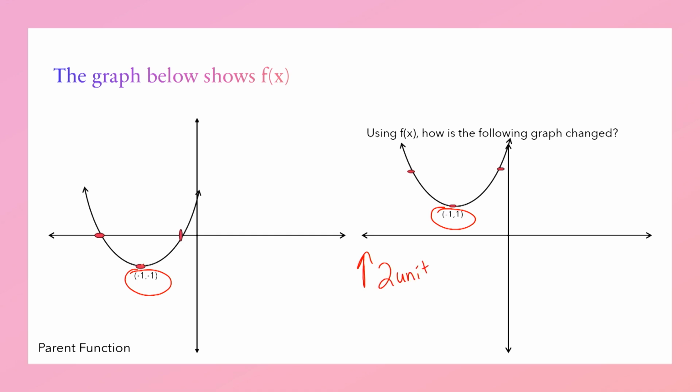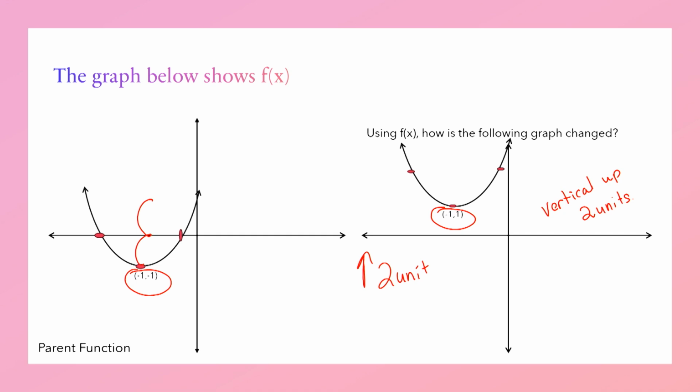I went to 0, and then I went to a +1. So I can say that I went vertically, which is up and down, 2 units. So let's go ahead and write that on our notes page. Vertical up 2 units. Good job.